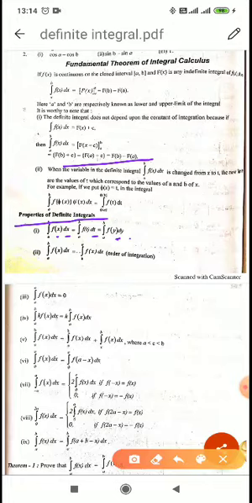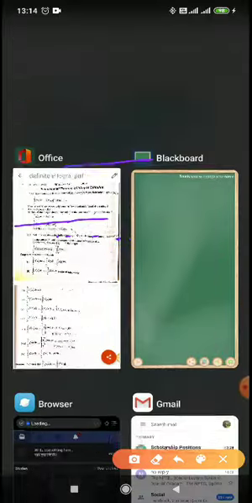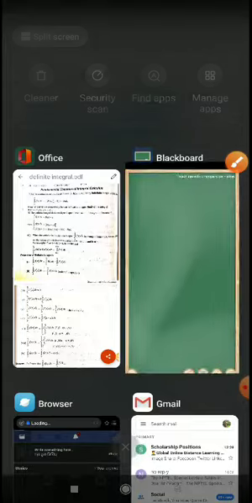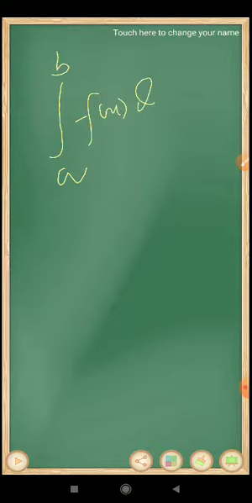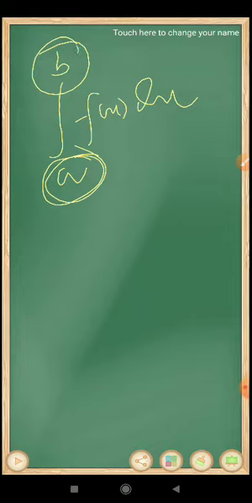Again, order of integration, you can see. Suppose an integration is given, f of x into dx. This is our lower limit, this is our upper limit.